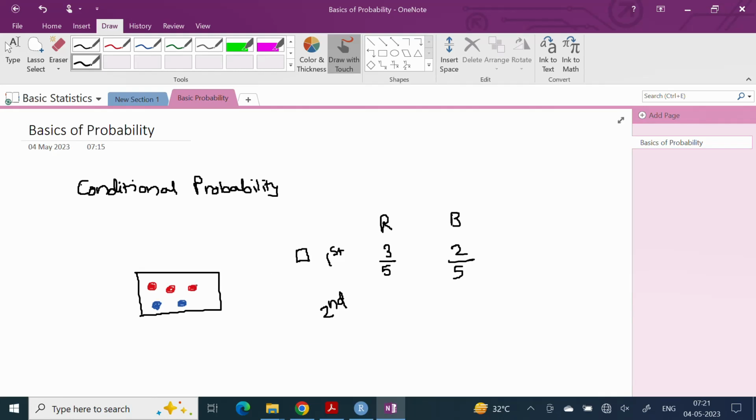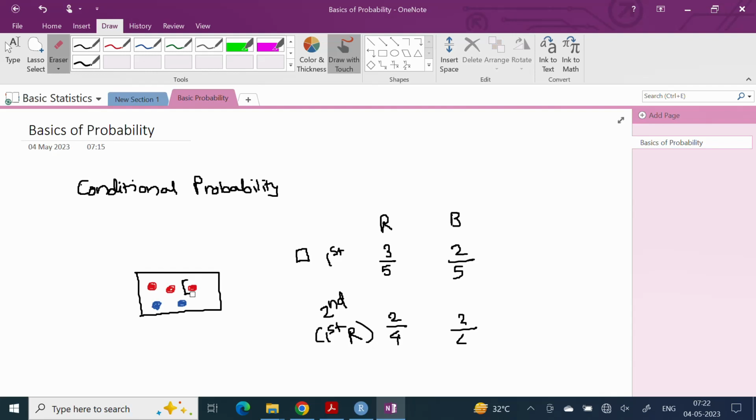Assuming that the first ball is red, then at the second trial, the chances of getting a red ball will be 2 out of 4, correct? 2 reds are remaining and 2 blues, so 2 out of 4. And the chances of getting a blue ball are also 2 out of 4.